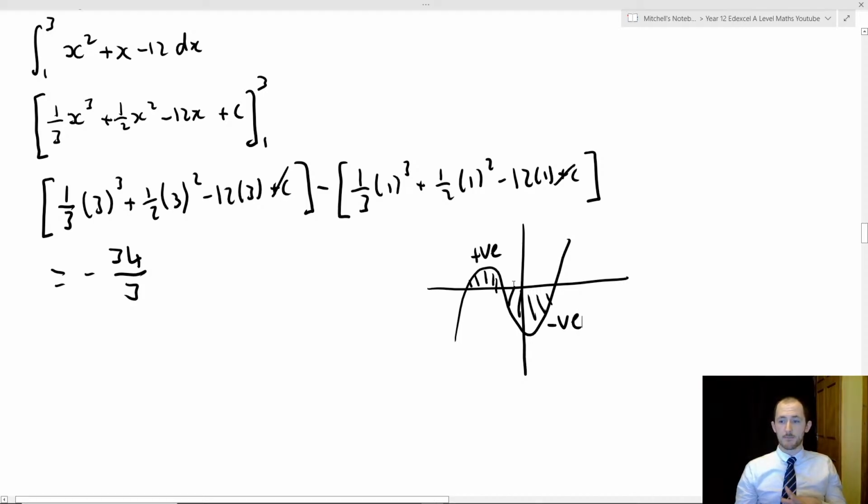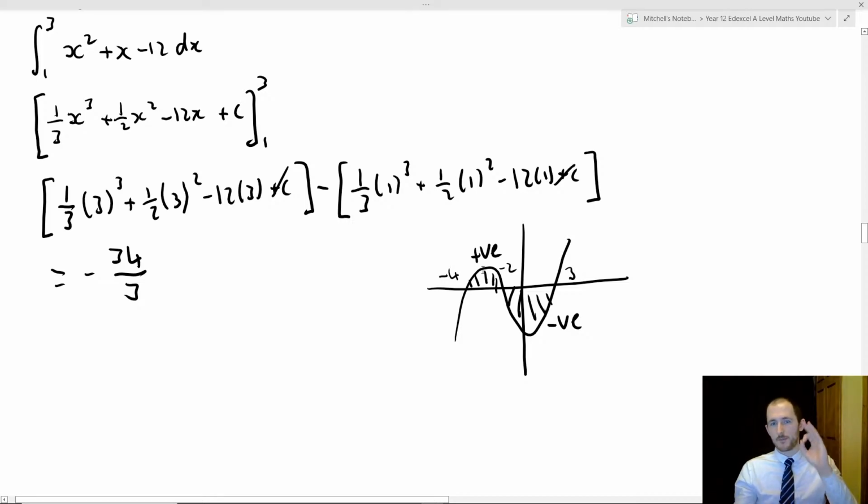The reason why this is important is if I wanted the total area, let's say this was negative 4, this was negative 2, and that was plus 3. If I wanted the total area under the curve and I integrate from -4 to 3, the positive area and the negative area will partially cancel out, or completely cancel out.